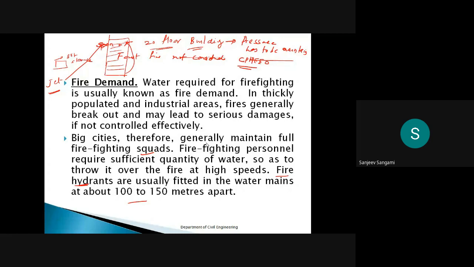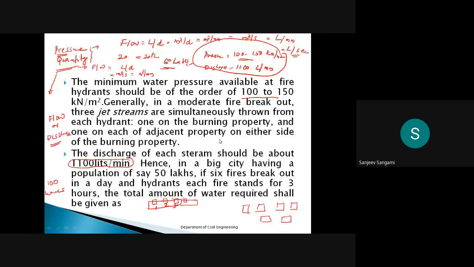But as I already said, forest fires are not included in all these calculations we are doing, but for residential purposes, this is how it can be done. Normally we are using fire hydrants in each of the streets.